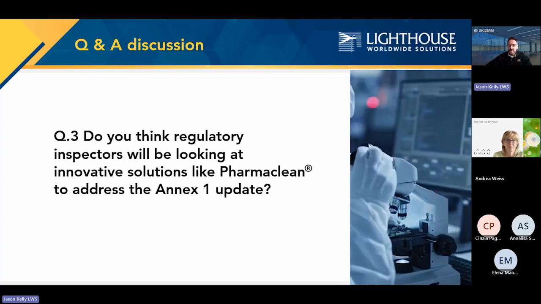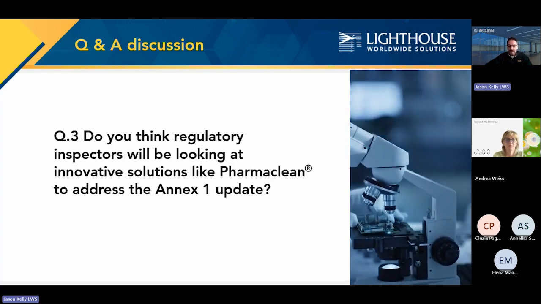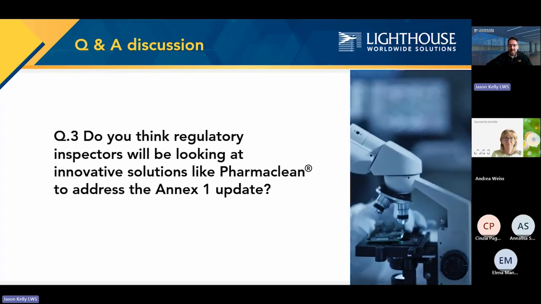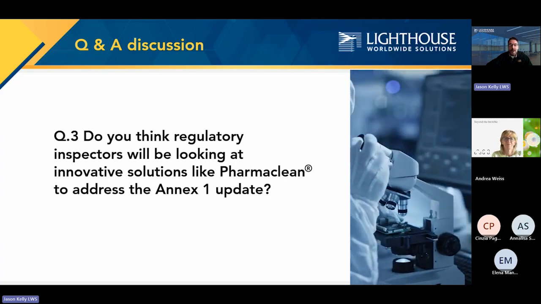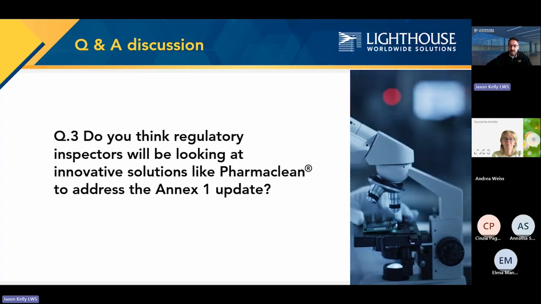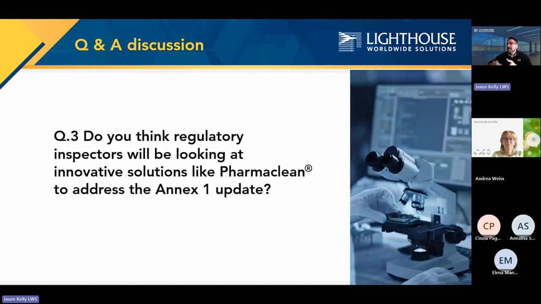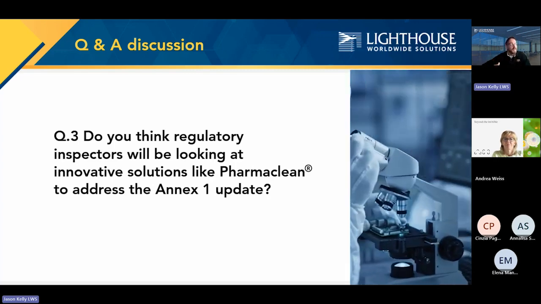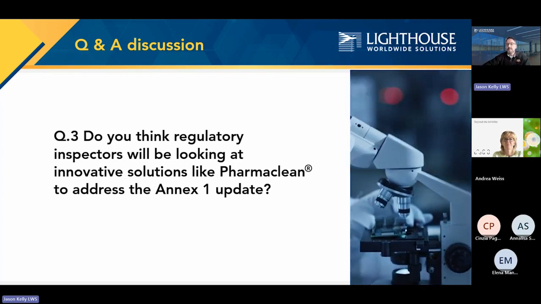So it's in all of our best interests to implement whatever controls we can put in place to minimize that contamination, which brings me back to section 8.8 of Annex 1, which says precautions to minimize microbial, endotoxin, pyrogenic, and particle contamination should be taken per the site's contamination control strategy during the preparation of the aseptic process stages. So it's really telling us we need to implement more strategies to minimize the contamination for the safety of the end user, these patients with compromised immune systems.